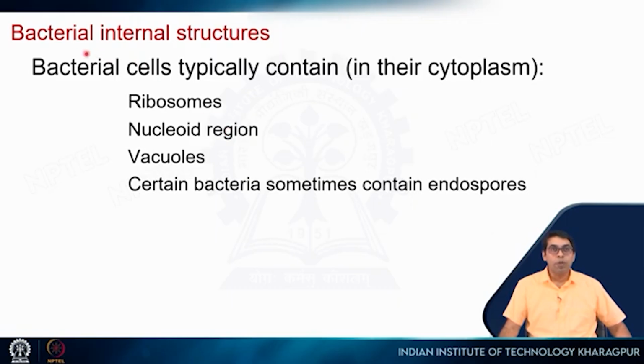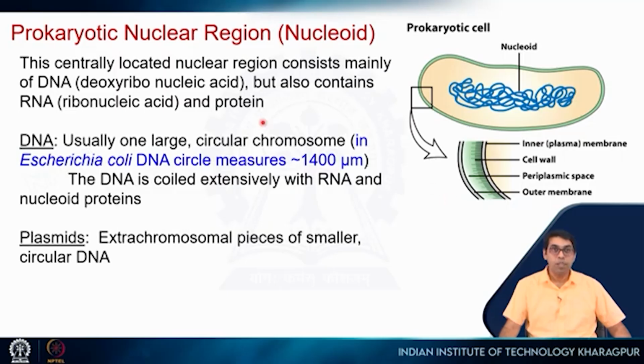So if we look at the internal structure of bacteria, they are relatively simpler. There you have ribosomes, there is a nuclear region which has the DNA, there are some big vacuoles, and certain bacteria sometimes contain endospores. So this is the bacterial architecture. It has DNA, normally a single molecule which is circular.